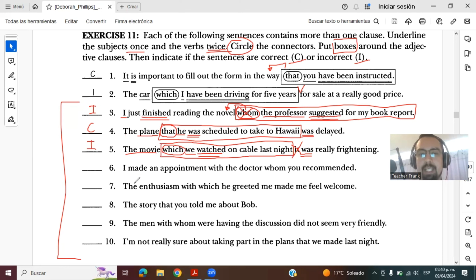Let's look at number 6. I made an appointment with the doctor whom you recommended. So we have a verb here, made, who or what made? I. And then we have the other verb here, recommended, who or what recommended? You. We have a connector here.